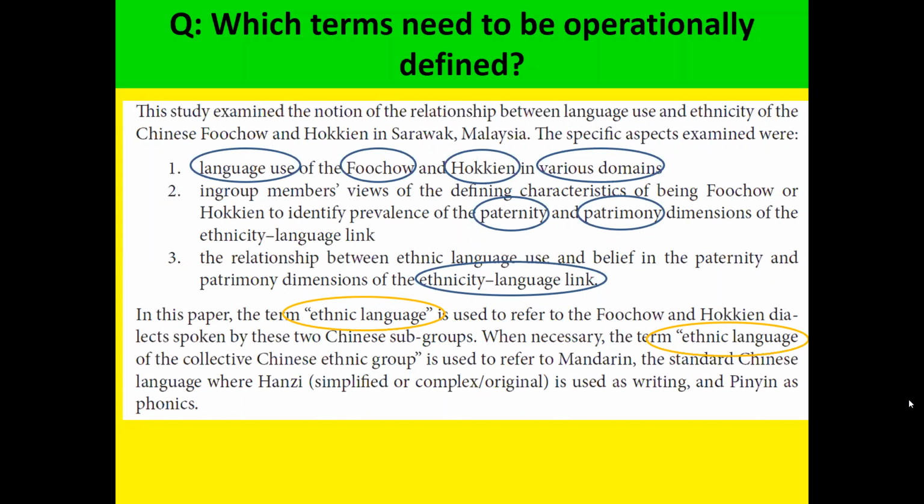It's not just anyhow, so need to be defined. So you see that when you make aim and objectives of the study, it tells you certain variables are being focused on in your study, and therefore those variables need to be defined so that other people know how you're measuring them. So you do that when you give operational definition, but you can start with the meaning or the conceptual definition.